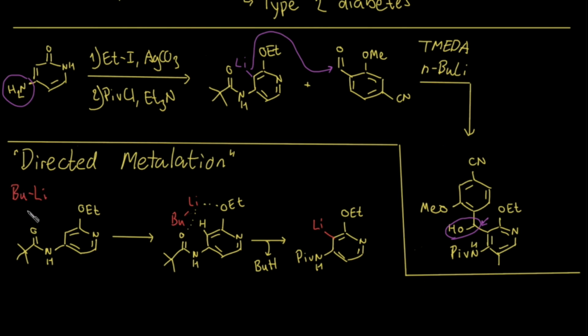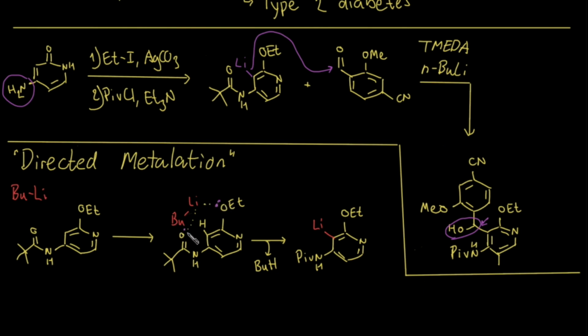So what we see is that we have this butyl lithium, and saying directed metalation essentially means that you have some groups in your starting material that are capable of directing the lithium towards a certain position. In this case, we have the ether and the amide that are both somewhat nucleophilic because they have lone pairs.